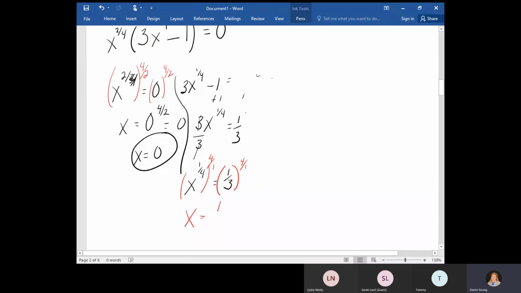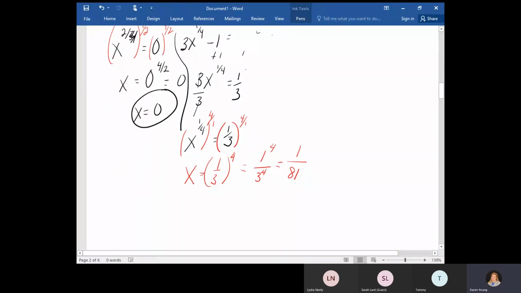And then I've got 1/3. So what's 4/1? The same thing as just 4, right? So 1/3 to the 4th power is the same thing as saying 1 to the 4th over 3 to the 4th. So 1 times 1 times 1 times 1 is 1. 3 to the 4th would be 3 times 3 is 9. 9 times 3 is 27. 27 times 3 is 81.